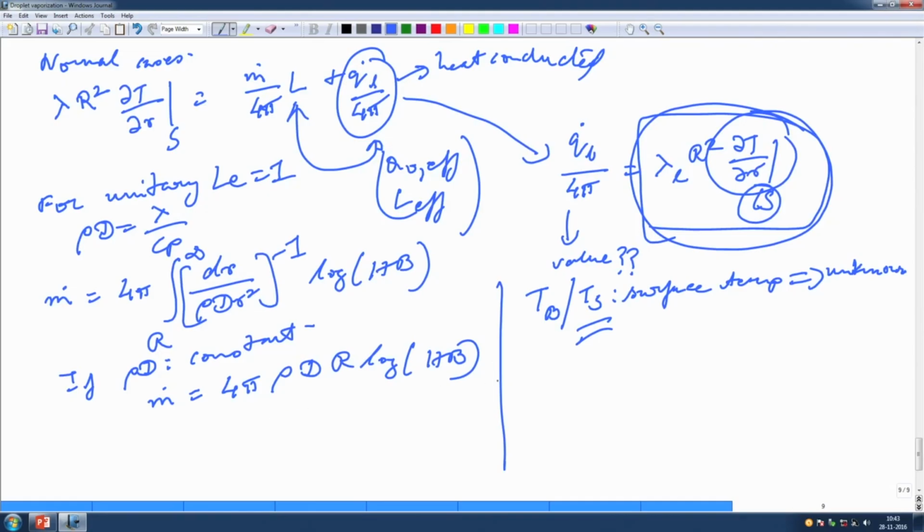Now, based on this we can also define the Nusselt number, which is basically 2r dT by dr at S divided by T infinity minus Ts.